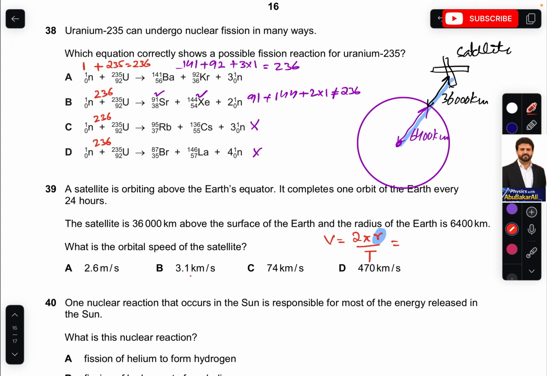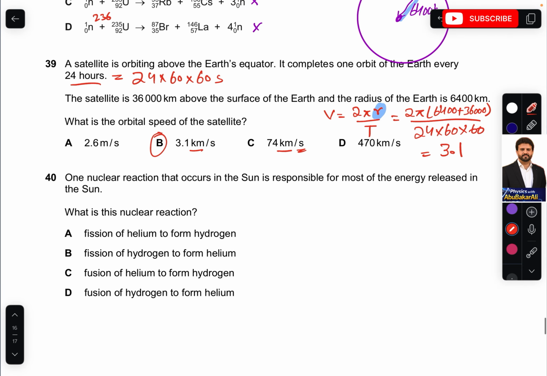The answers are also in kilometer per second, so you don't have to change this. 2 pi into (6400 plus 36,000) divided by time. You have to change 24 hours into seconds. That will be equal to 24 into 60 for the minutes and 60 again for the seconds. Okay, so it is 24 into 60 into 60. So doing the calculation, that will give you 3.1 kilometer per second.